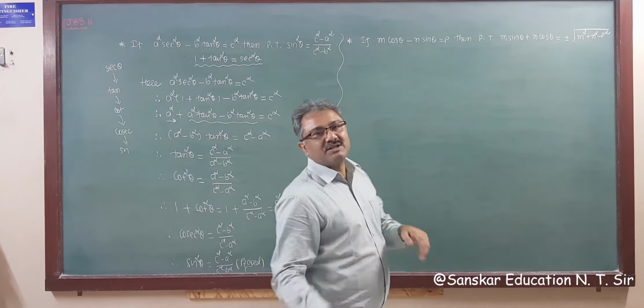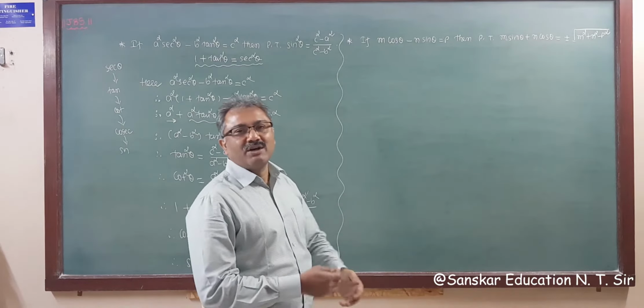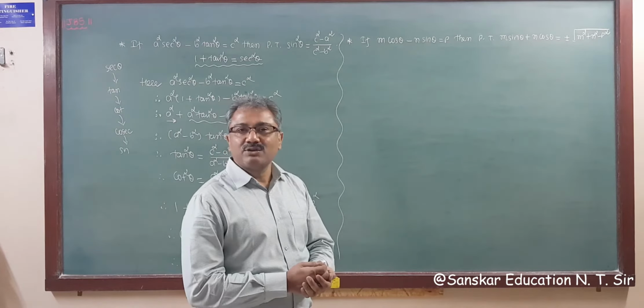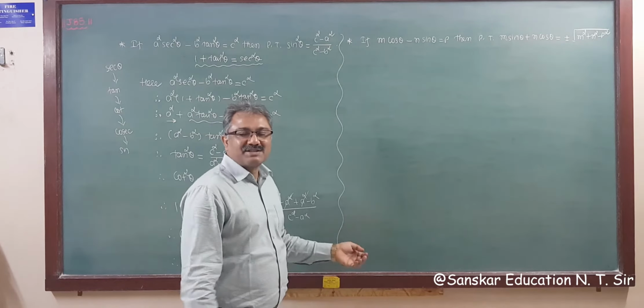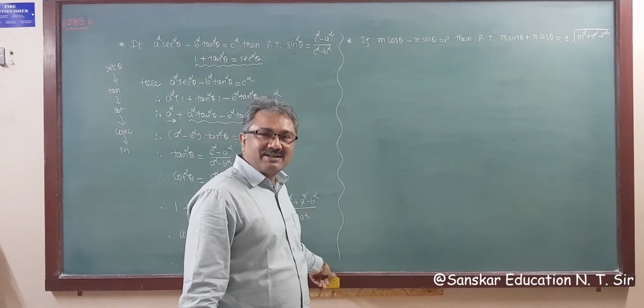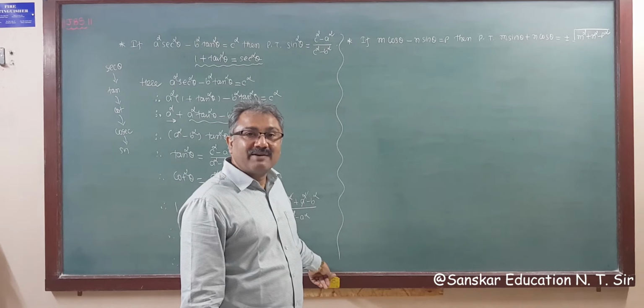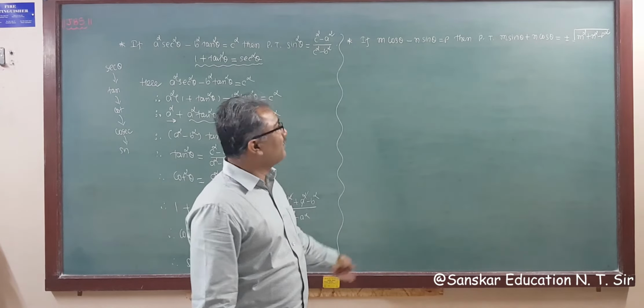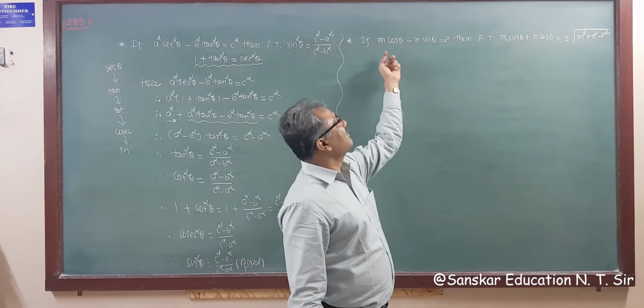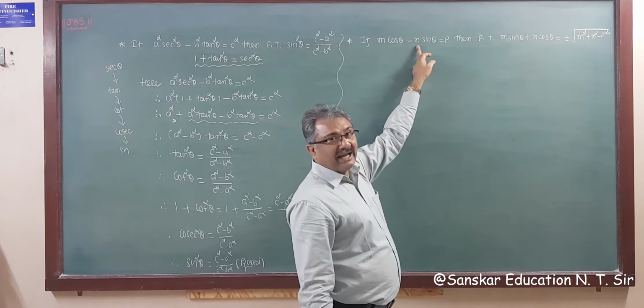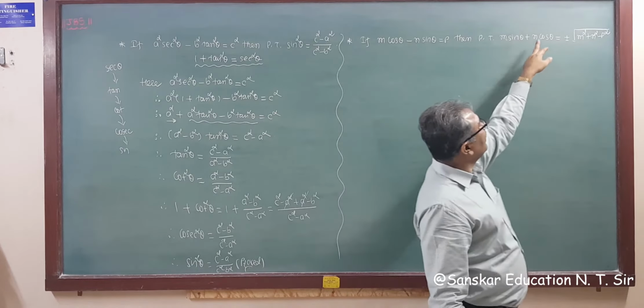How can we change it so that the coefficient of m is sin instead of cos? We have only one formula, sin square theta is equal to 1 minus cos square theta. For that what we require is the square of this cos, and this is given here also, n sin theta, then we want n cos theta.